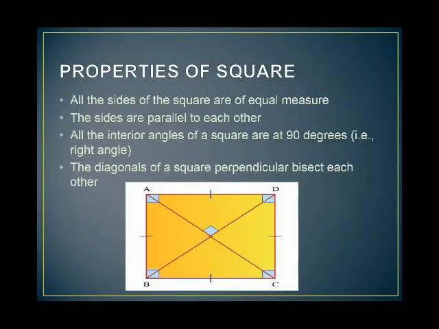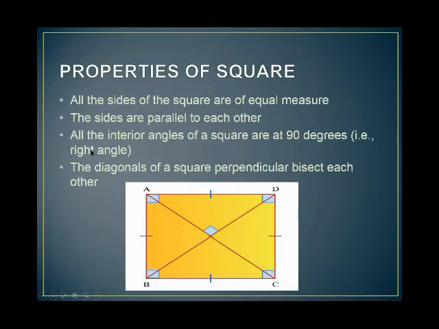Properties of a square. Being a rectangle, a square has all the properties of a rectangle. In addition, it has other properties.